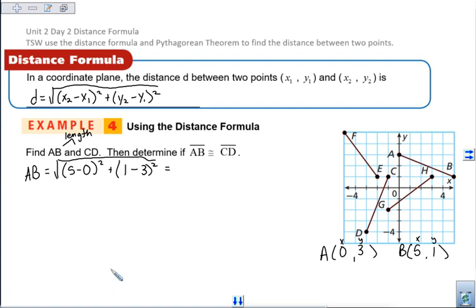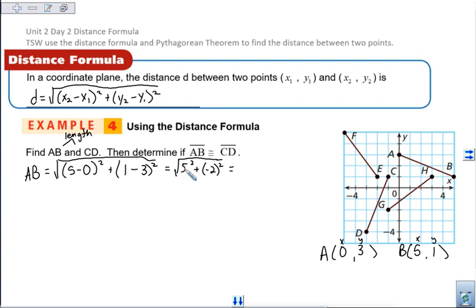So, first off, 5 minus 0 is 5, and we leave the squared with it, plus 1 minus 3 is a negative 2. Now notice that I'm putting that inside parentheses, because for those of you who do have a calculator, if you don't put the parentheses around it and type it in the calculator, you will end up with the wrong answer, because the parentheses tell the calculator that you need that negative sign with that 2.